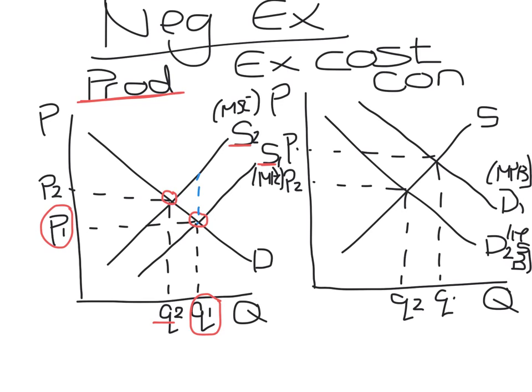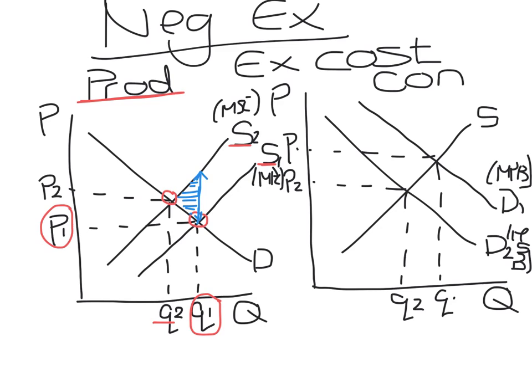Now that line there represents the value of the external cost. And if you shade in that triangle there, that is the welfare loss, or sometimes called the deadweight loss.